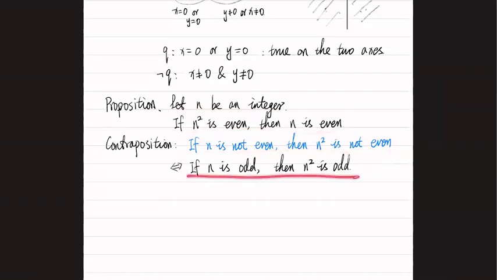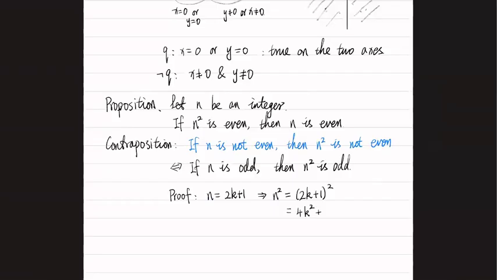So if n is odd, n is an even number plus 1, then n squared is a summation of an even number with 1. n squared is also odd.